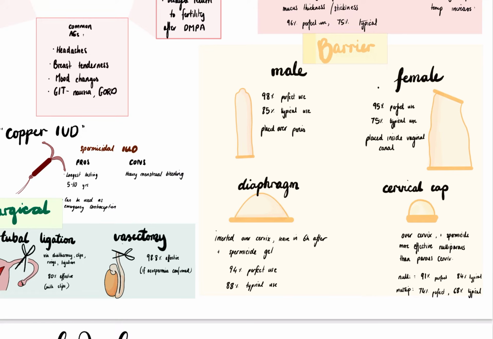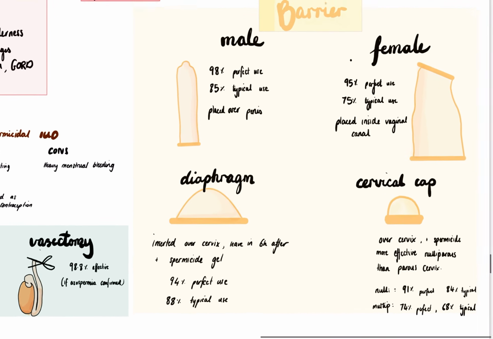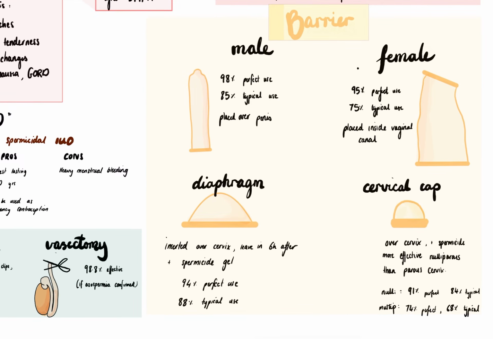Now, moving on to the most well-known form of contraception, these are the barrier methods. These are physical barriers between the sperm and the womb that have various levels of efficacy based on how well educated the patient is and the technique used to put these on.